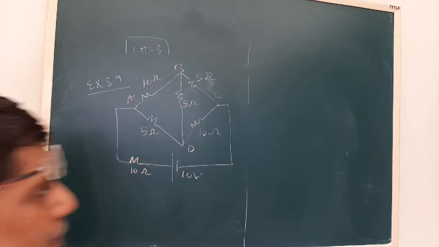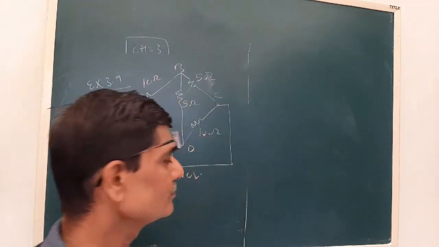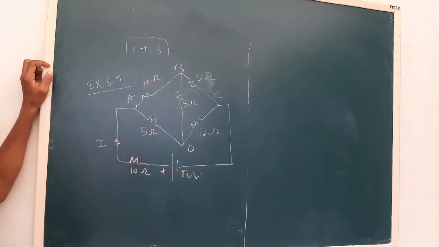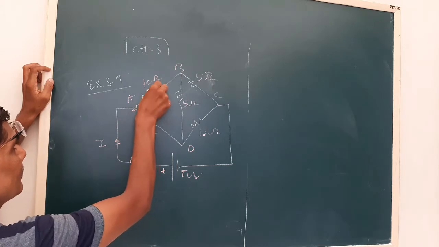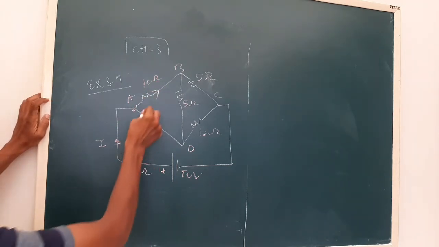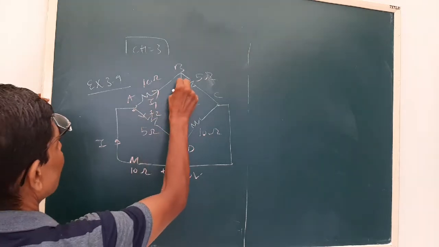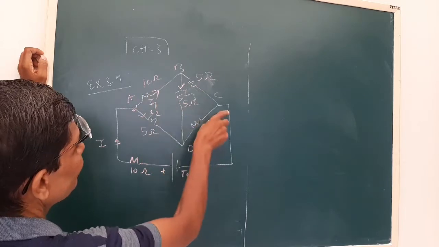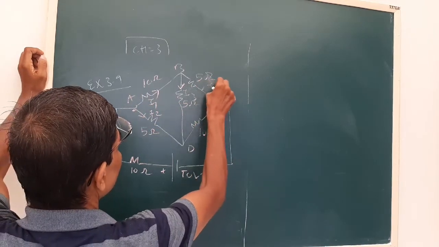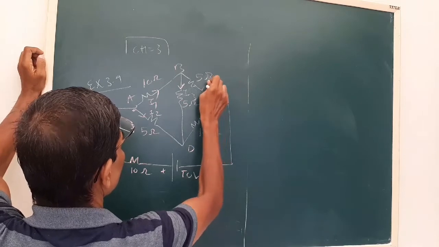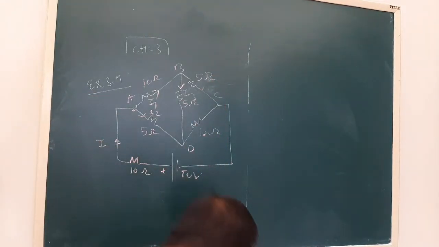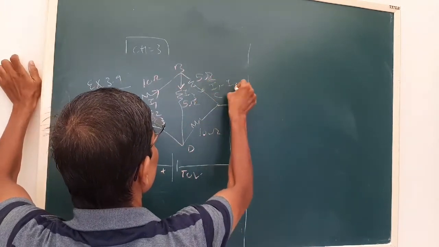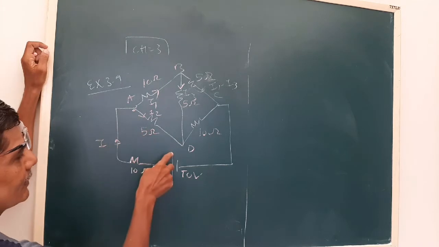Now we'll have to take the help of Kirchhoff's second law. See here, the current will start from the positive of the battery. Current is, let us say, I. A is the junction where the current divides into I1 and I2. Let us say in the BD branch the current is I3. So in BC it is I1 minus I3. In AD the current is I2.